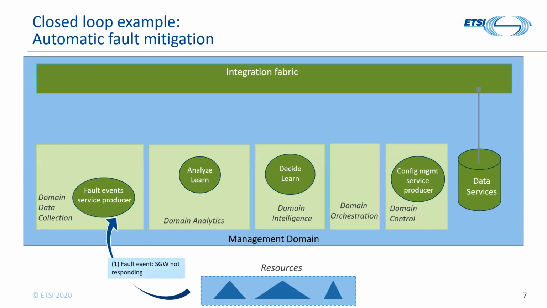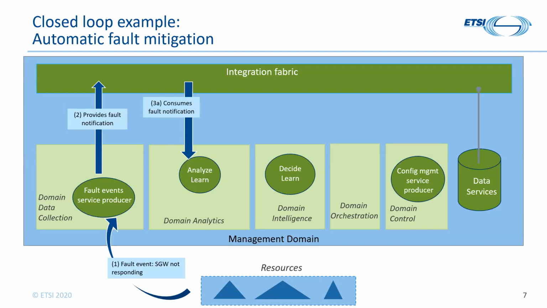It indicates that the S-Gateway is not responding. The domain data collection receives a notification from a managed entity, in this case with the specific topic, with information about the fault event. The domain data collection pushes the exception data to the integration fabric.